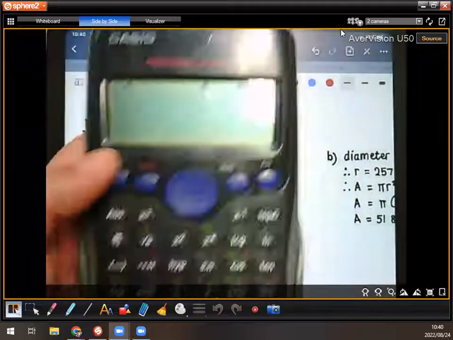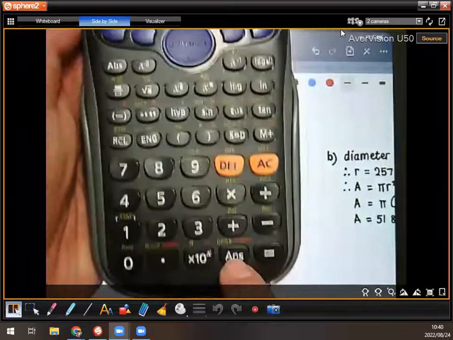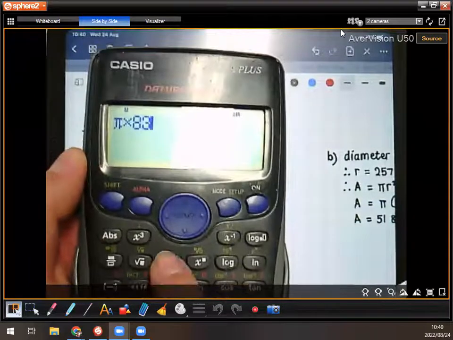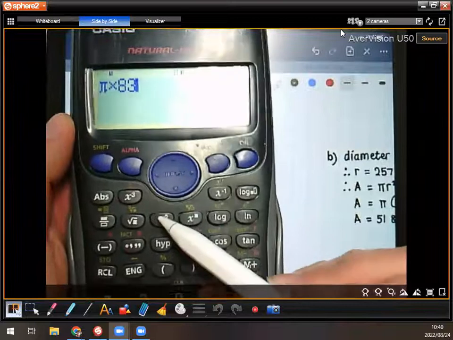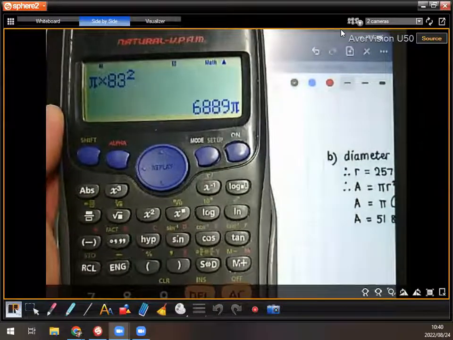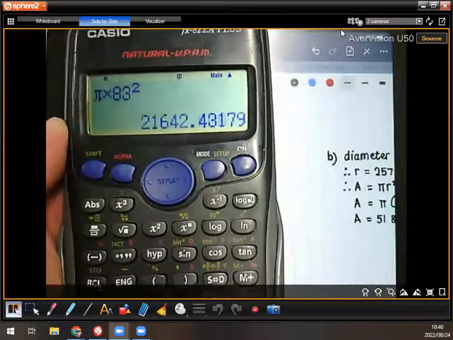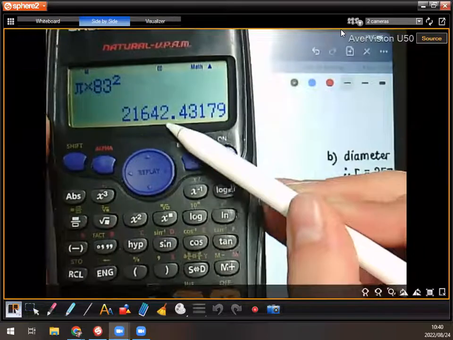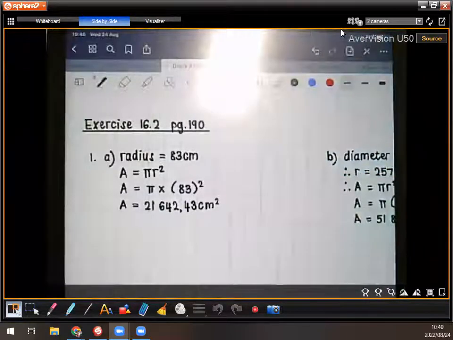Okay, so I'm just going to show you quickly. Shift, the pi button there at the bottom, times 83, and then the x squared button, right? That squares the whole thing. Equals, it will give you an answer in terms of pi, so then you press S-D, and that is what you're going to write. Okay, 21,642.43.